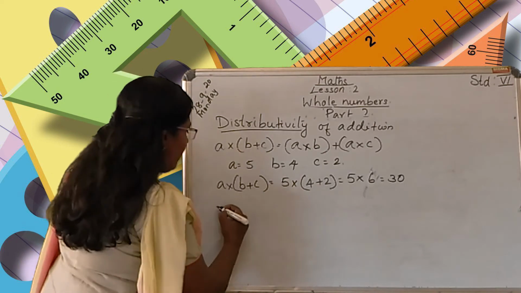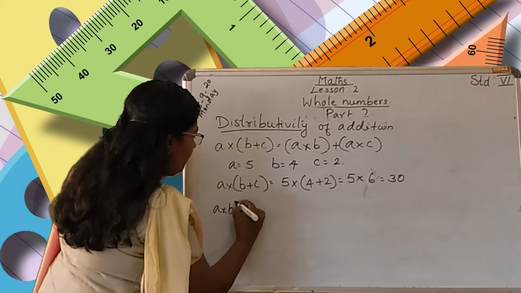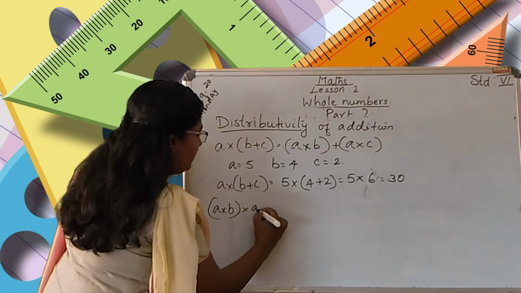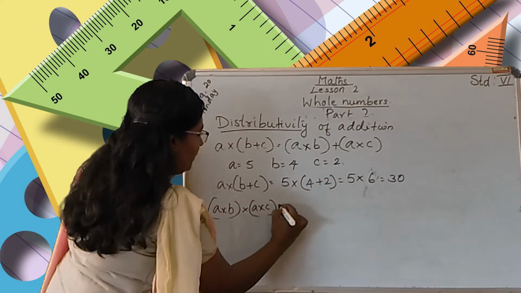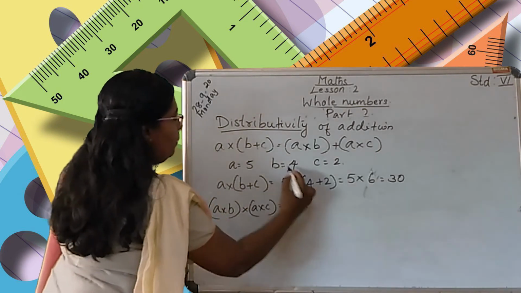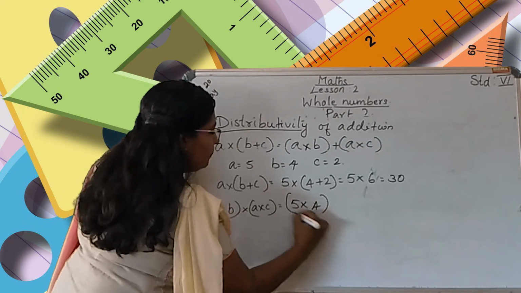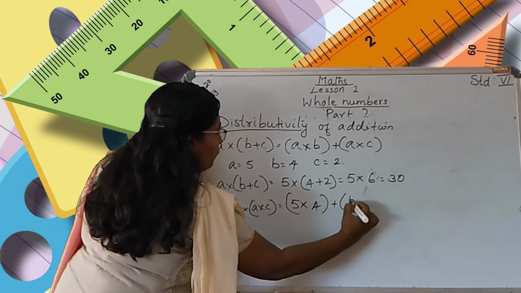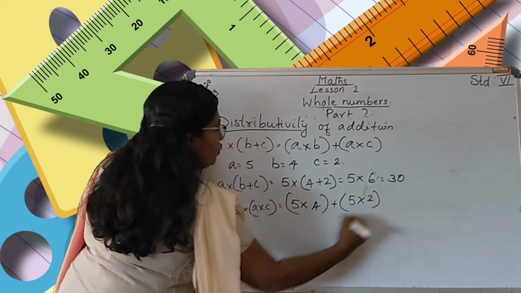Next, see the next one, A into B plus A into C. That is 5 into 4 plus 5 into 2.